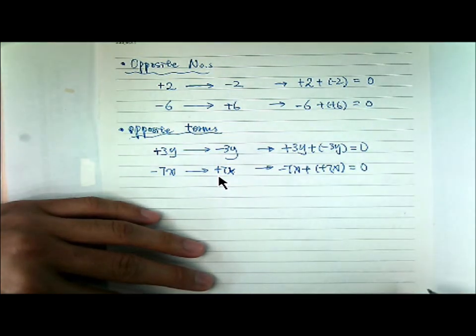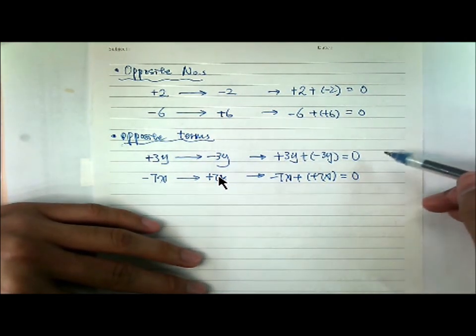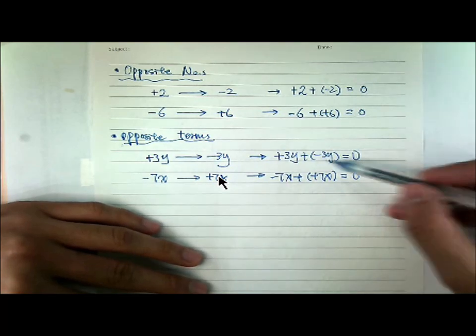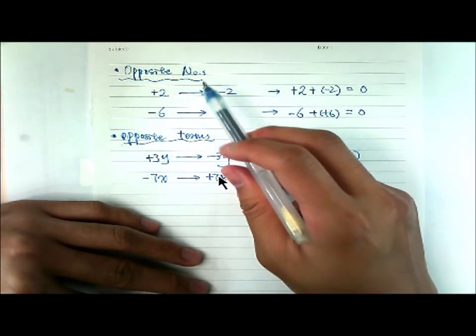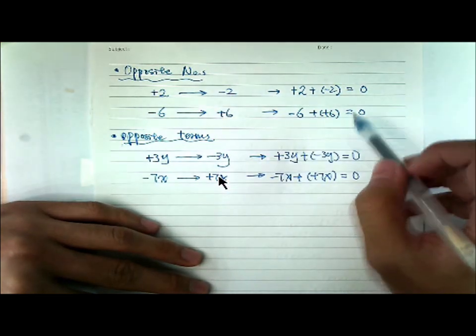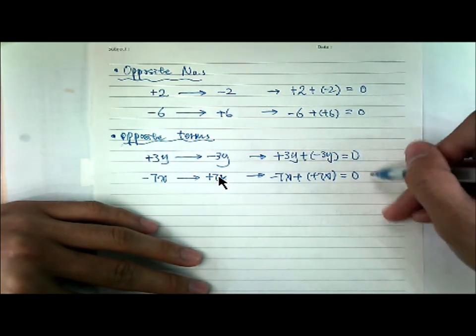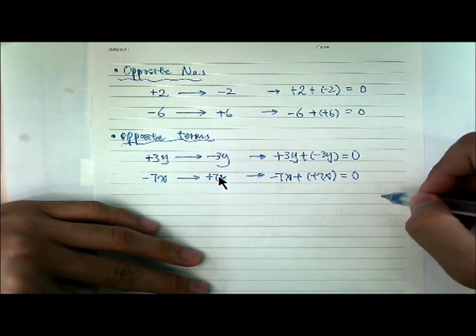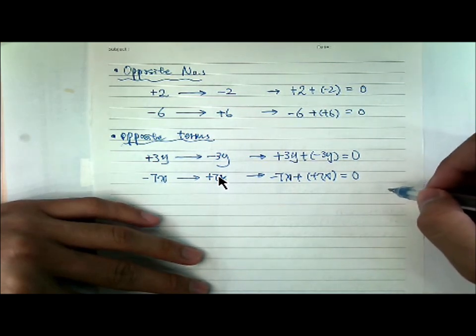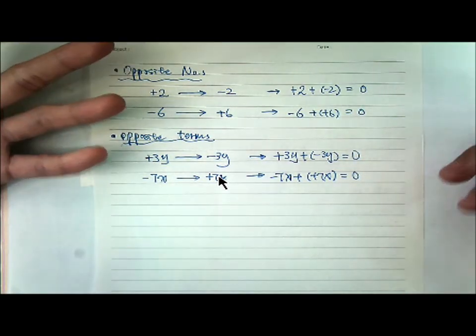Understand? So the addition of opposite terms or opposite numbers just gives us 0. The 0 is very good for us, because we have no need to calculate anything.